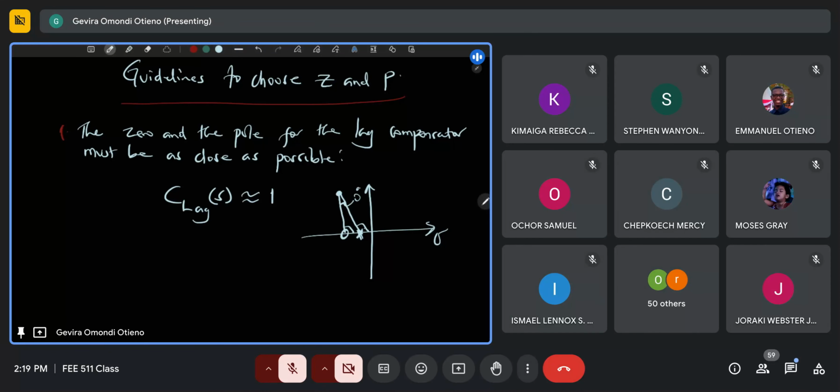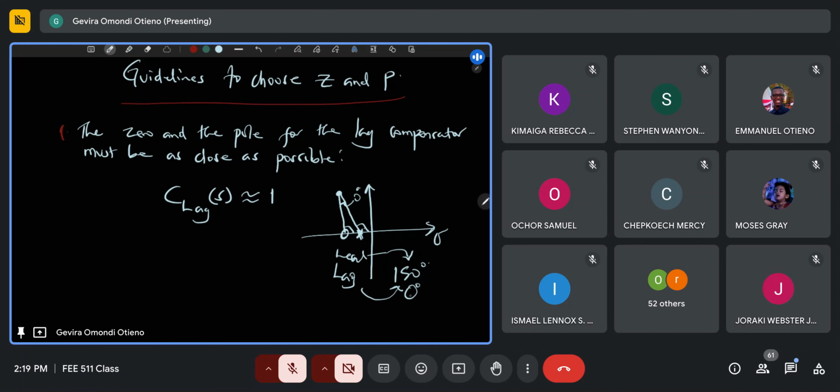Because at the end of the day, we want the total angle to still add up to 180 degrees. When we were using the lead compensator, the angles were made to add up to 180 degrees. So if we are adding the lag compensator, we don't want to add any other angle. We want to add 0 degrees.